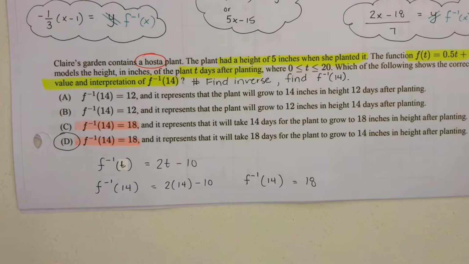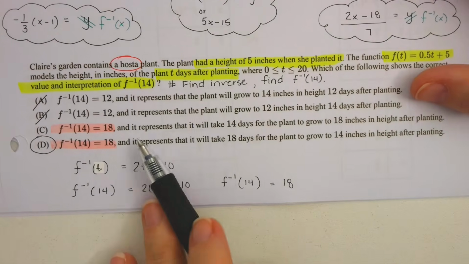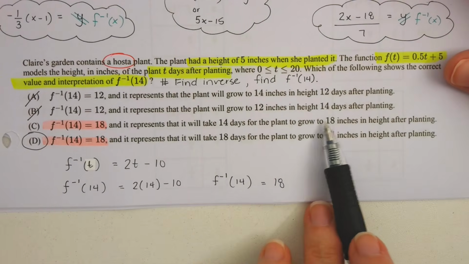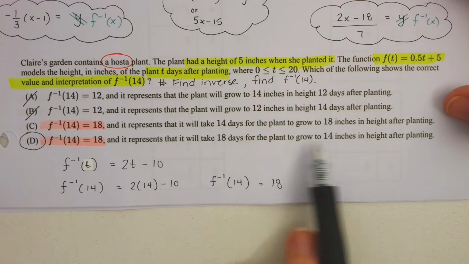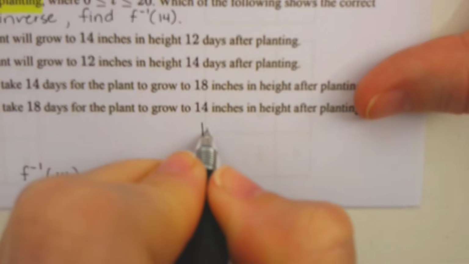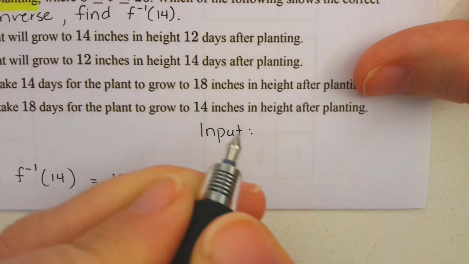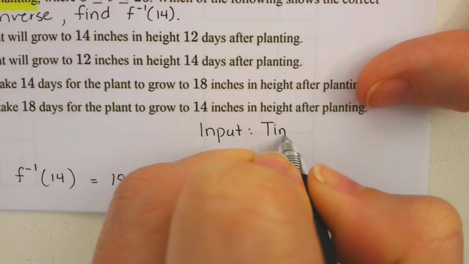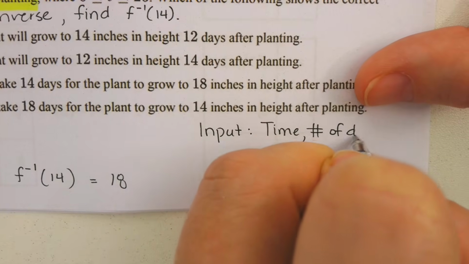Guys, can y'all bring it down just a little. All right, now to figure out which one it represents, one of them says it'll take 14 days for the plant to grow 18 inches, and the other says it'll take 18 days for the plant to grow 14 inches. So, our original input was number of days, time, aka number of days.